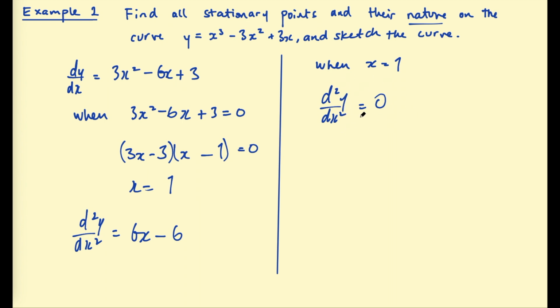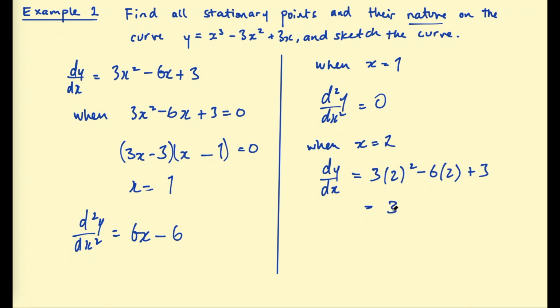So what we need to do is look at the derivative around the point x equals 1. So what we do is we say when x equals 2, what is the first derivative? So what is the tangent at x equals 2? That gives us 3 times 2 squared take 6 times 2 plus 3. This is 12 take 12 plus 3, which is 3. And this is greater than 0.